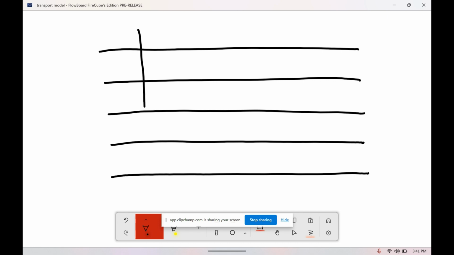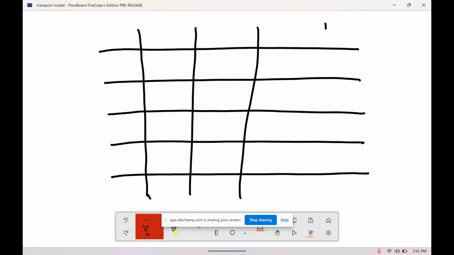First, we'll make the table. Origin and destination we'll write over here.